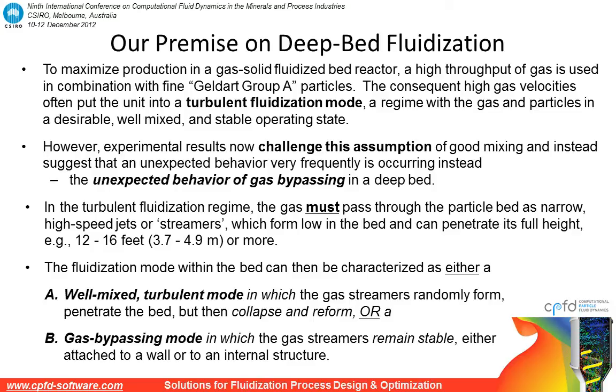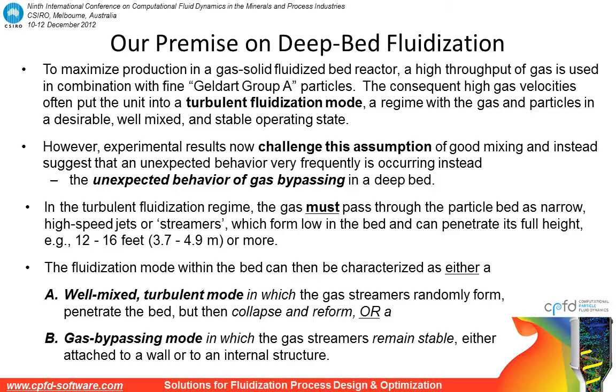The consequent high gas velocities will put these units into a turbulent fluidization mode, and it's thought in general that this turbulent fluidization mode provides a regime in which the gas and particles are in a desirable, well-mixed, and stable operating state. However, experimental results now challenge this assumption of good mixing and instead suggest that an unexpected behavior is often happening, an unexpected behavior called gas bypassing.